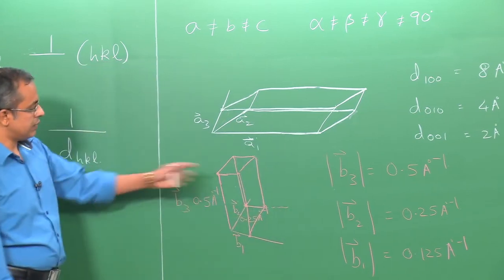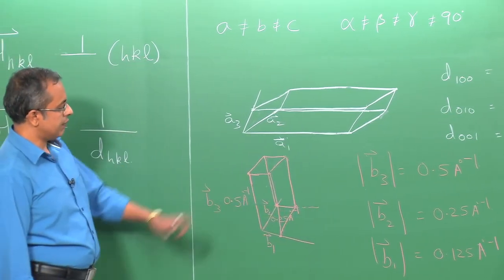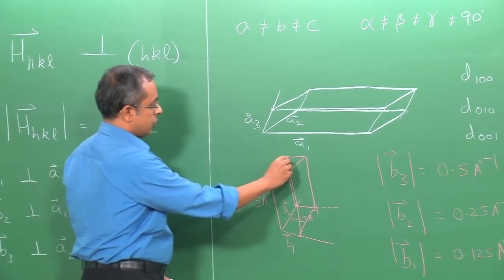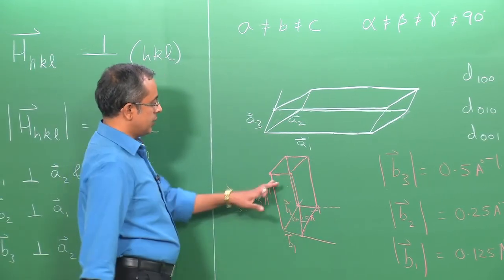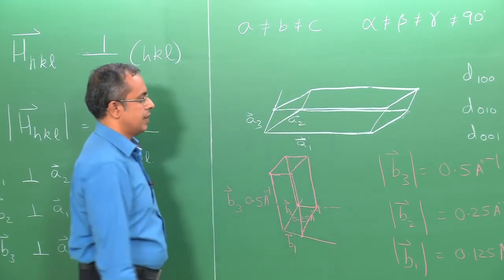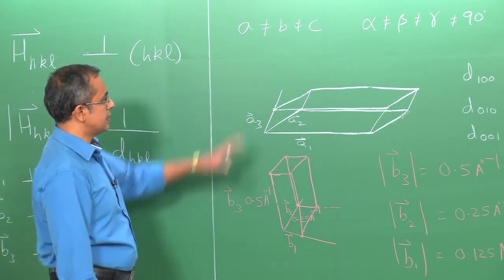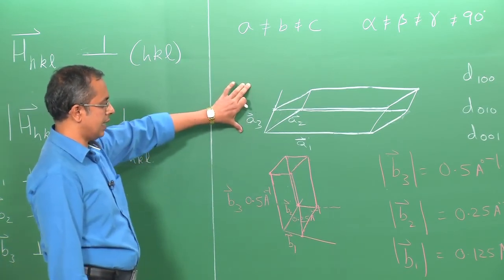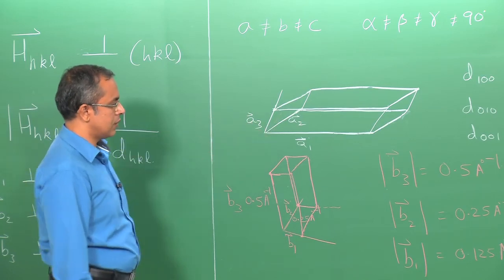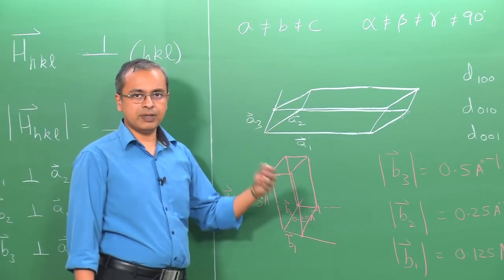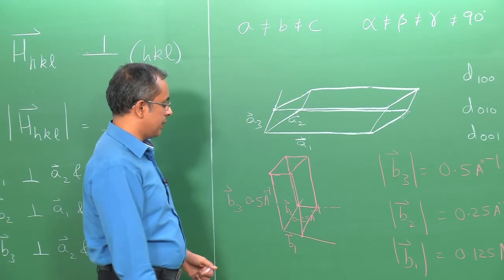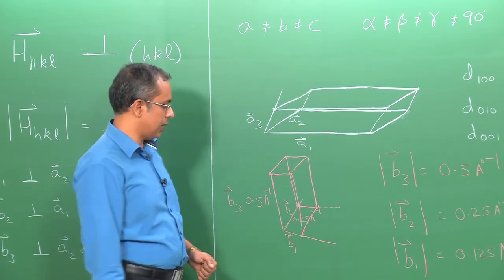So, there you go, we have the reciprocal lattice. So, this line goes all the way down here up to here. So, that is the reciprocal lattice corresponding to this real lattice, which is a very generic triclinic lattice, and we have simply used those rules that we have arrived at through our discussion on the reciprocal lattice.